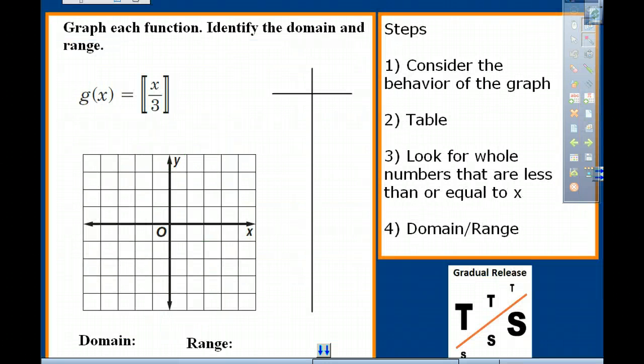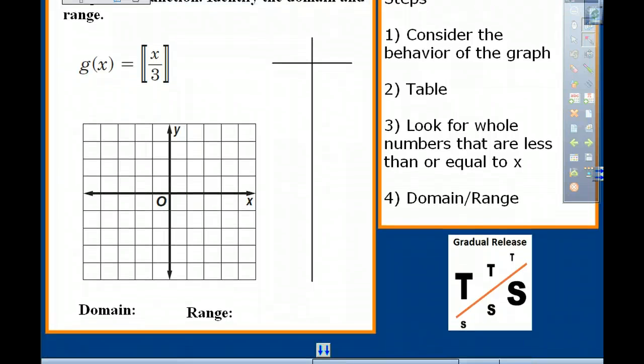Alright. If we're going to graph this, now how would that look? What would that look like? So first of all, since we're talking about integers, I want to make sure that my answers are integers. It helps out an awful lot, just like on these previous problems.